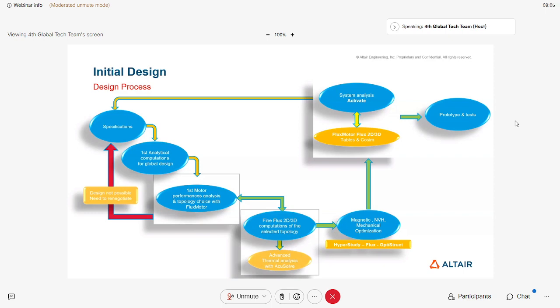Then we have to test again the motor in the system. And once it's okay, we now have to go to the prototyping. And the prototyping is the reference. The measurements are the reference, and then we may need to adjust some of our computation.